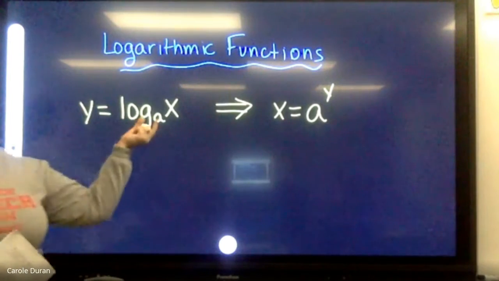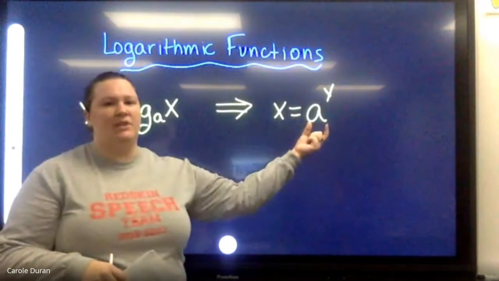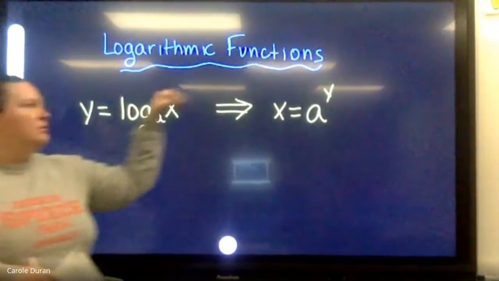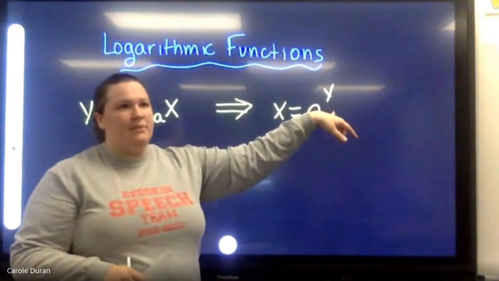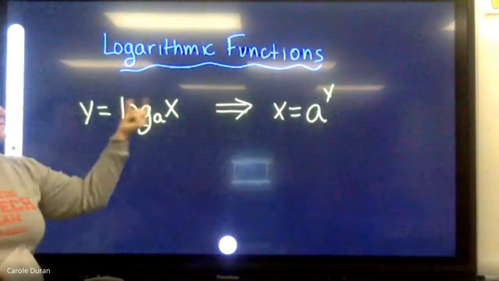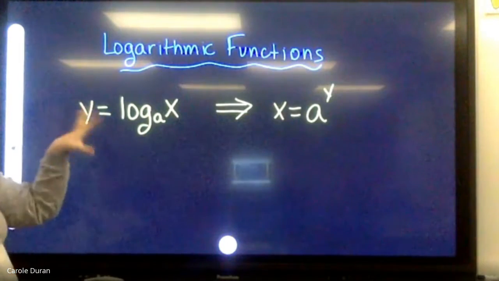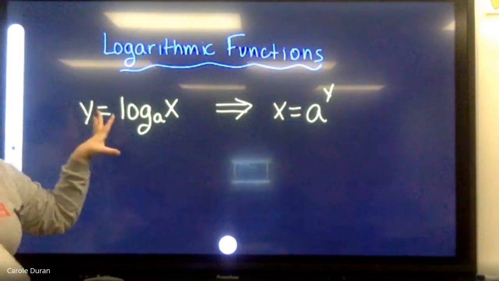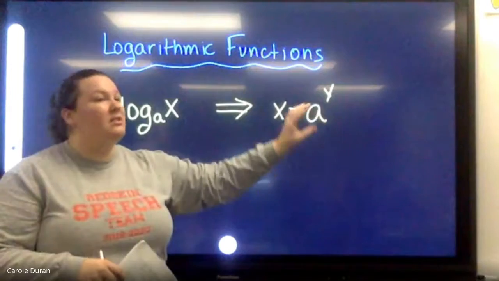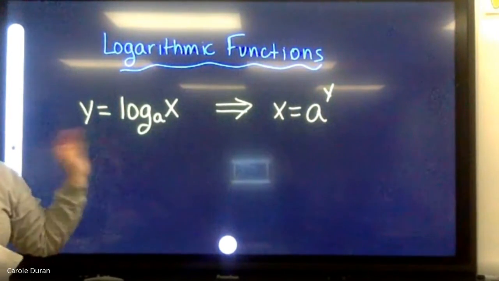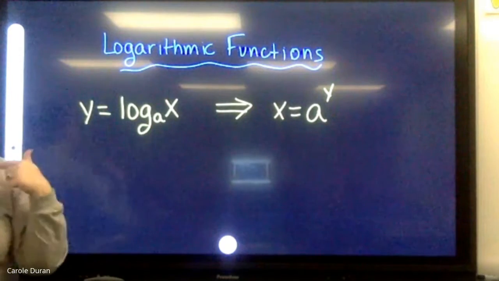The base of my logarithm is the base of my exponential function. What it's equal to is the exponent on my exponential function, and what I'm taking the log of is my answer. So every logarithmic function can be rewritten as an exponential, and every exponential can be rewritten as a logarithmic. That's what we're going to start with, changing between the forms.